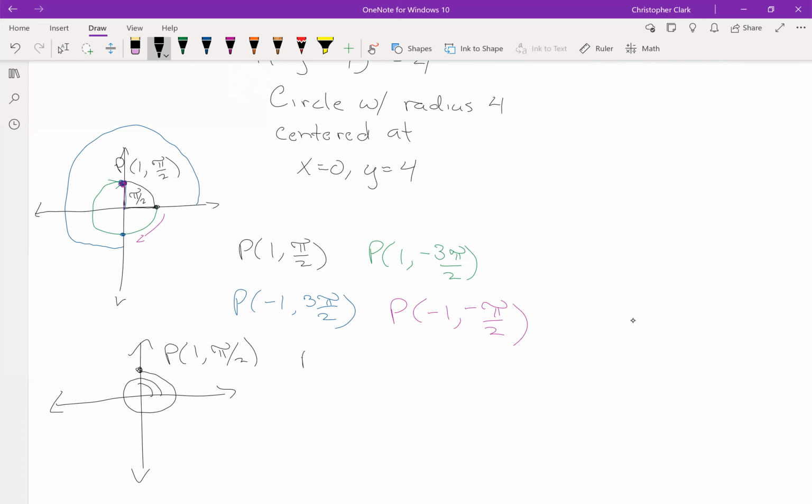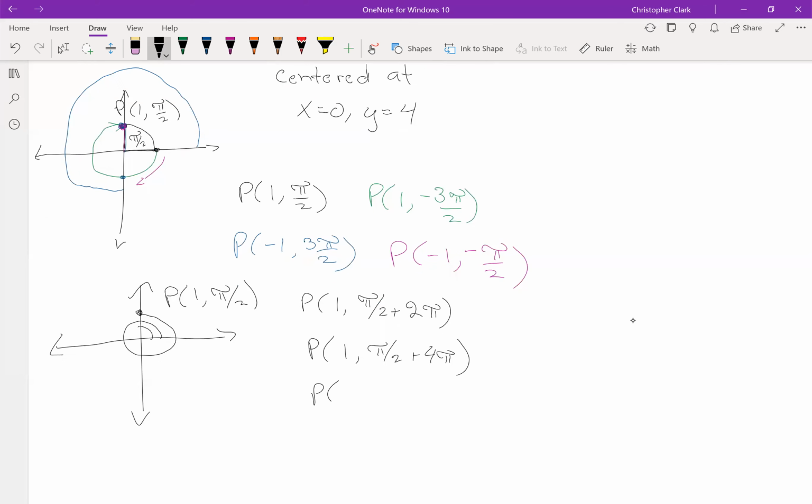So this could also be p(1, π/2 + 2π), because I've gone a full circle. Similarly, I could do (1, π/2 + 4π). You're probably beginning to see what I'm getting at. I can also write this as π/2 + 2kπ.